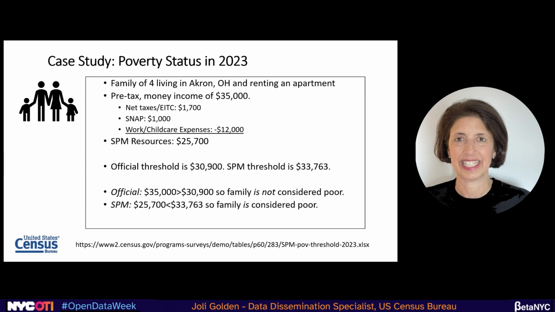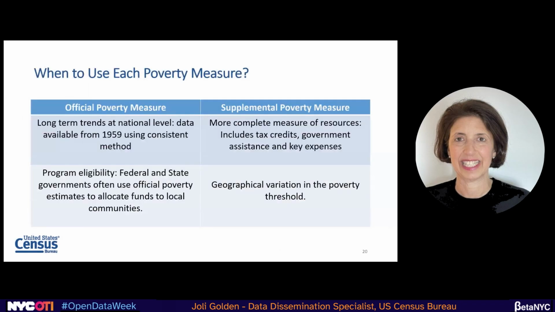I'm unpacking this, but I just want to make sure that you know that the vast majority of the country does not fall into this situation. Most people are either considered poor or not considered poor by both measures. So when do we use each poverty measure?